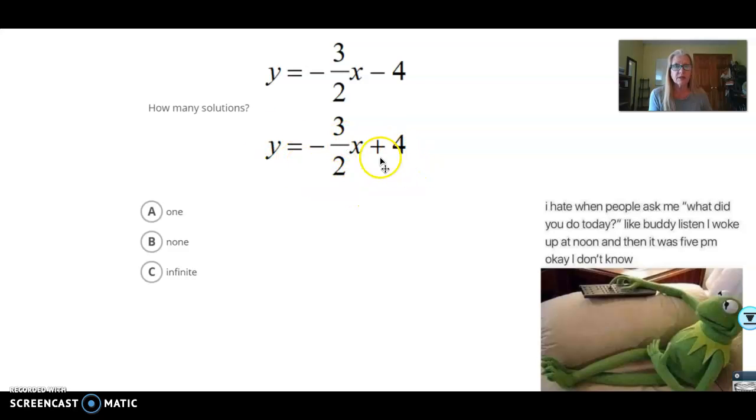This one here crosses y at +4, so it's going to be higher than this one where it's crossing at -4. These are going to be parallel. They're not the same line because the y-intercepts are different, but they have the same slope, so they're parallel, which means they will never meet, which means the solution to this system is none.